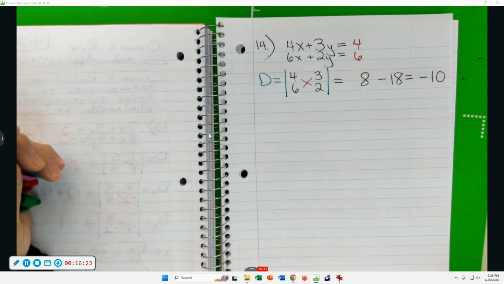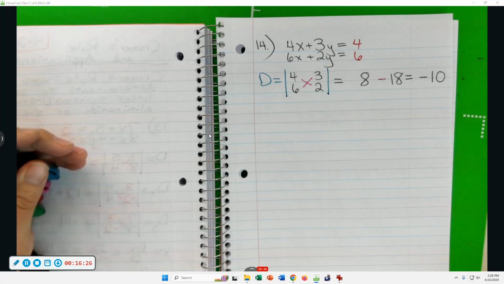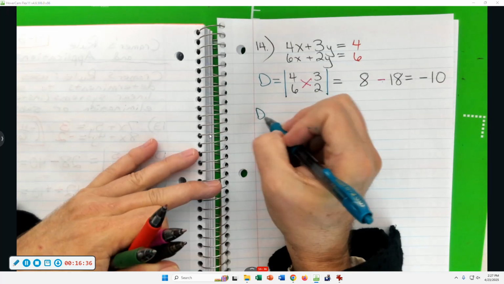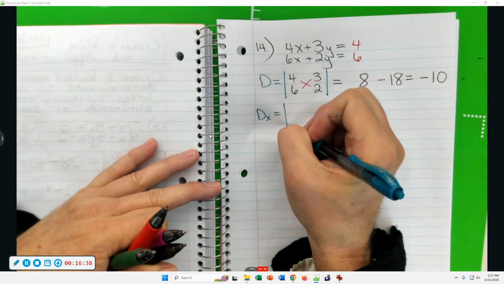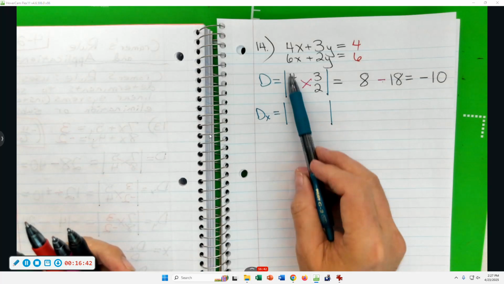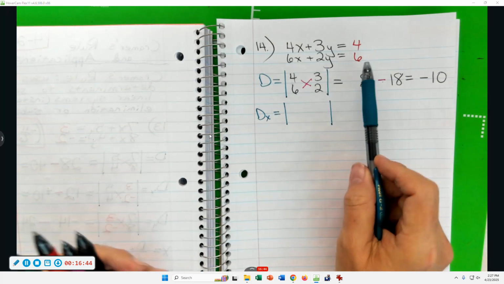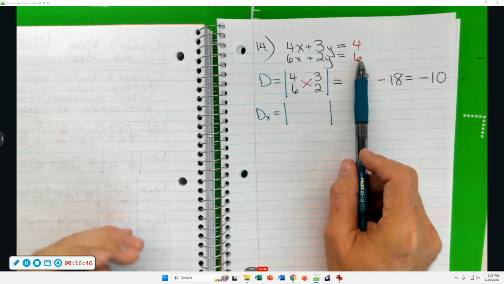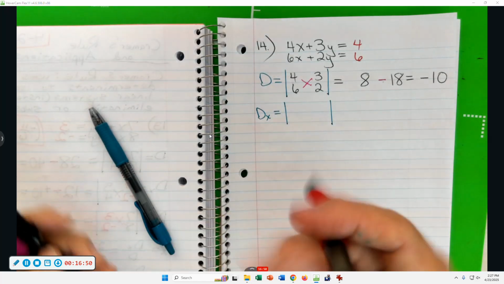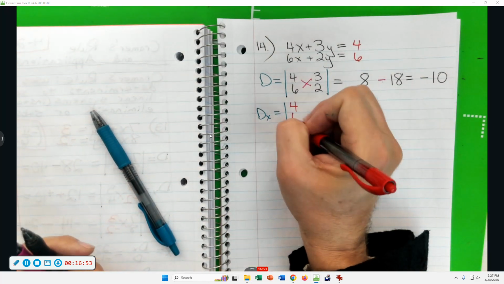Let's see if he realizes why I started laughing. Now we're ready to find which determinant? D sub x. And when you see what's about to happen, tell me. We replace the x column with the column of constants, 4 and 6. I think we're about to get the same matrix here, aren't we?